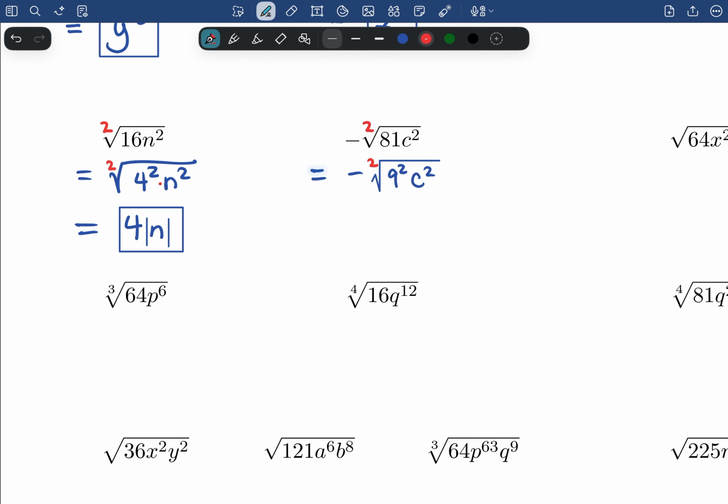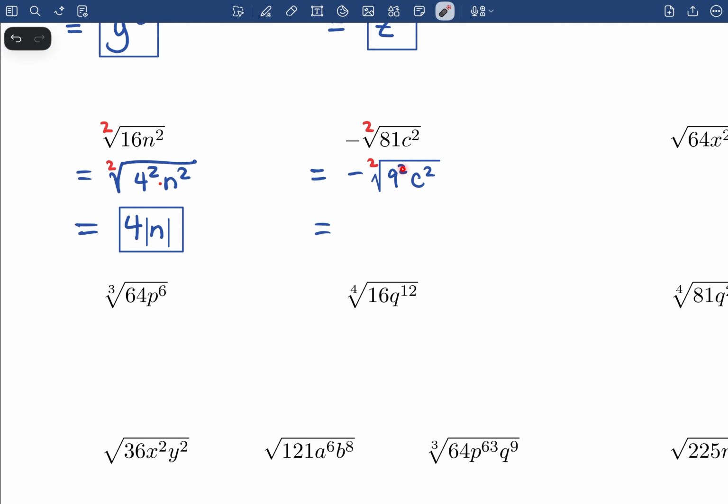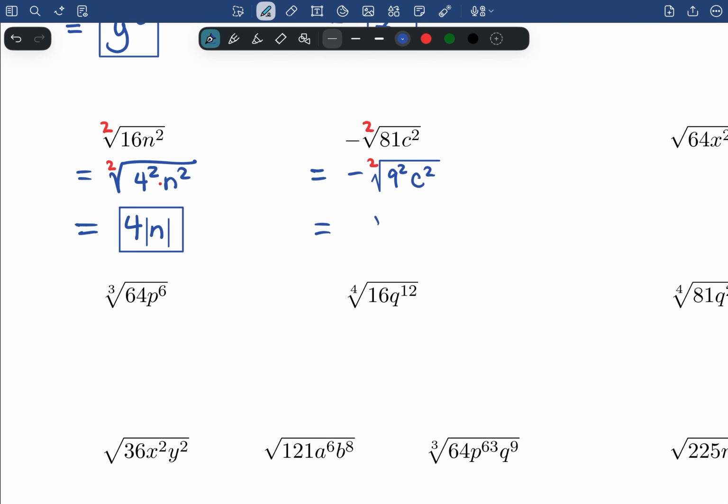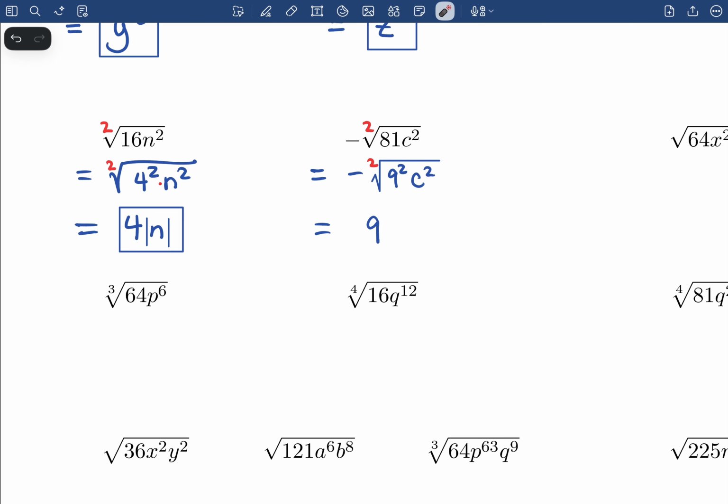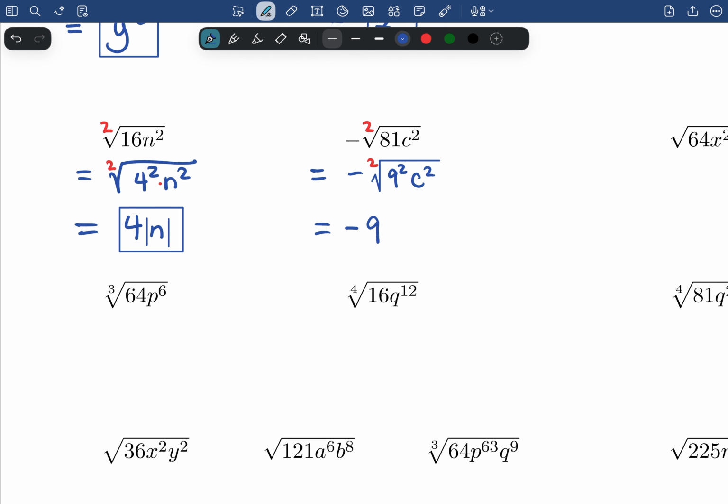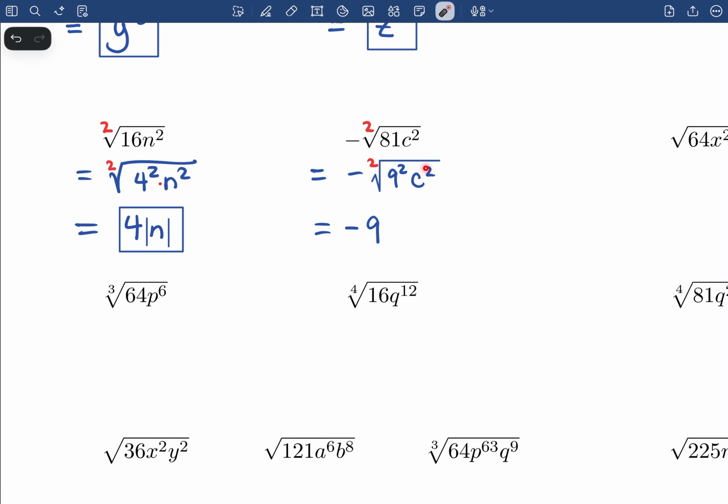Okay, so let's go ahead and go through the process of simplifying this. I'm going to take 9 squared and take that power of 2 and divide it by 2. That just becomes 9, right? I'm going to pay attention to this negative sign. I'm just going to continue putting it as part of my answer. And now I have c squared, taking its square root.